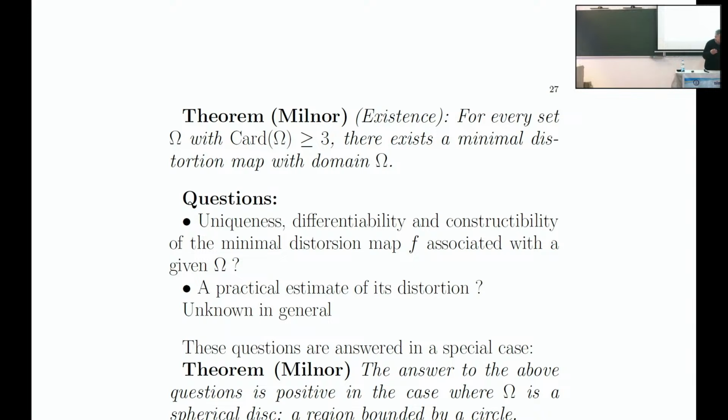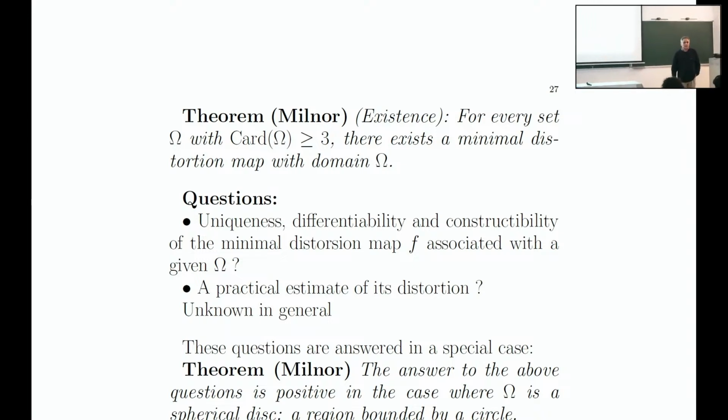I'm looking for a method of drawing a geographical map which minimizes this distortion. Yeah, that's right. But why not minimum? Why do you use the word minimal? Is there any particular reason for that? Well, you can say minimum, right? It's in R. They're all real numbers.